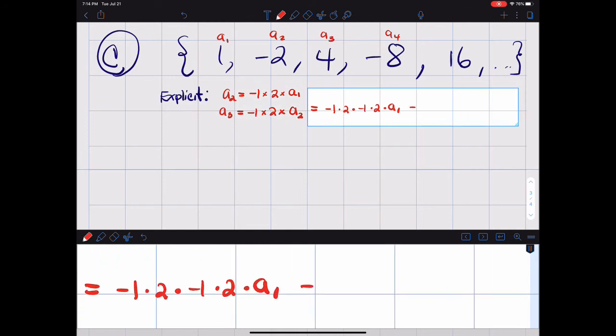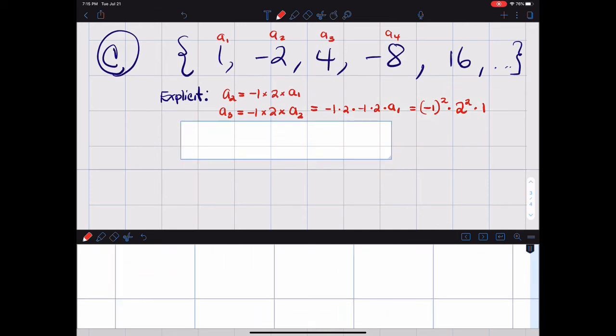So you end up with -1 to the power of 2, right, times 2 to the power of 2 times A1, which is 1.